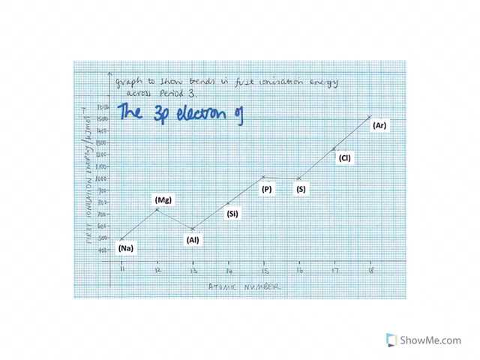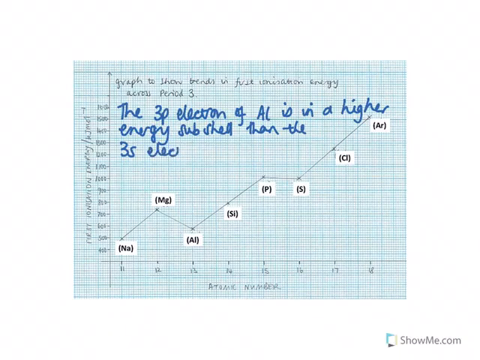So the 3p electron of aluminium is in a higher energy subshell than the 3s electron of Mg. So that explains why aluminium's first ionization energy is a little lower than magnesium's.